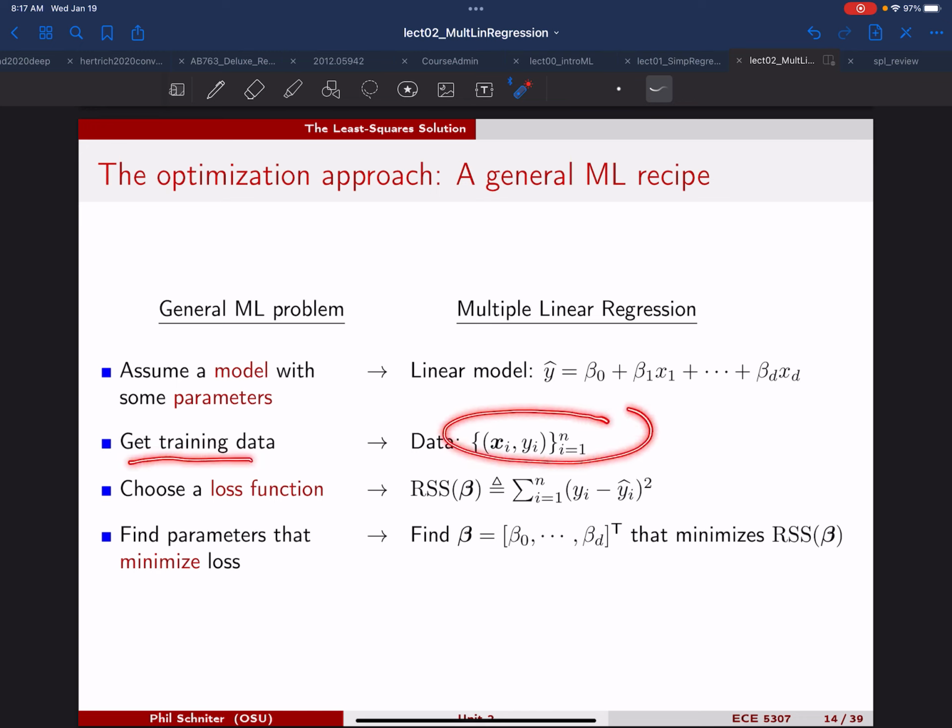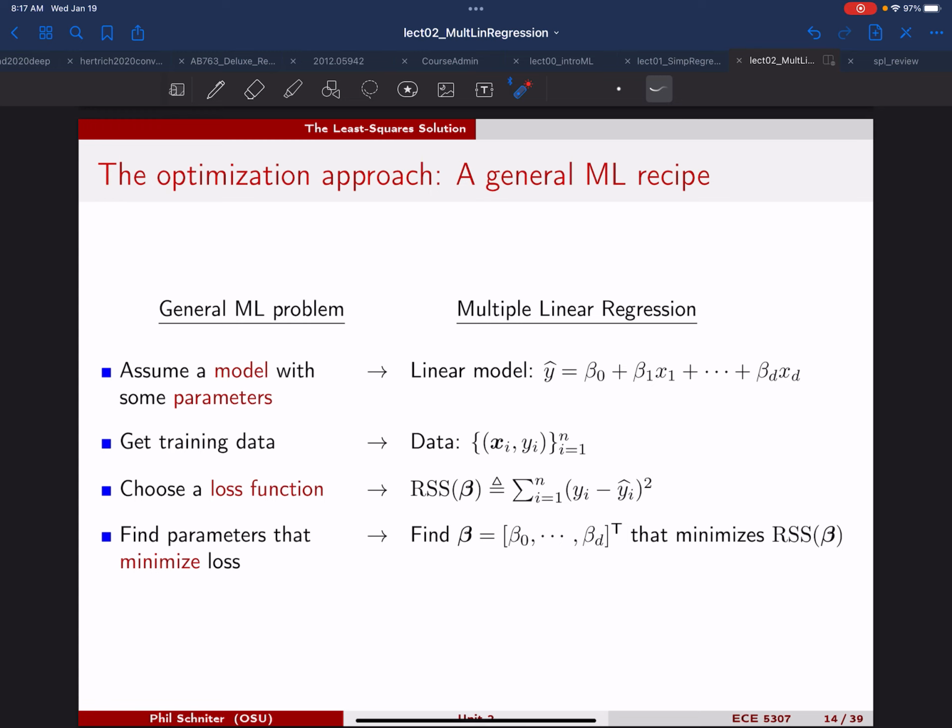In this case, our data is in the form of pairs of vectors xi and scalars yi, and we have a total of n such pairs. We choose a loss function, which tells us what really matters to us. We're going to choose the sum of squared residuals. And the last step is to find the parameters, in this case beta, that minimize our loss. So we want to find the beta vector that minimizes RSS.